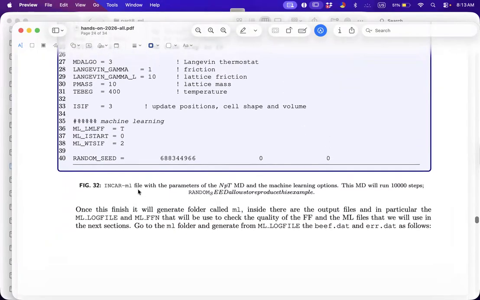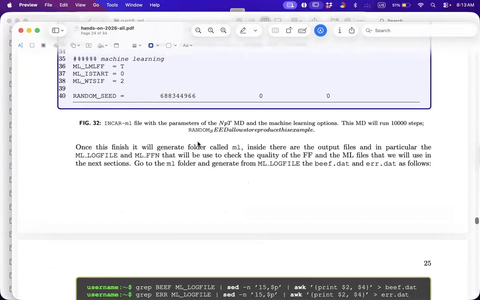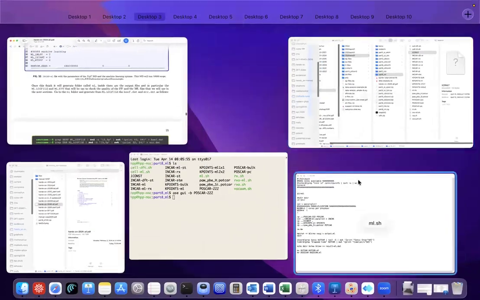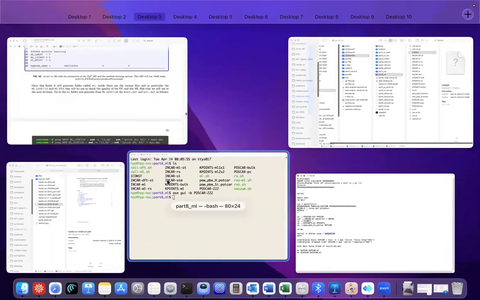As I mentioned, once it is finished, it will generate a folder called ML. As soon as it starts, it will create this ML folder, import and copy these files, and run. So the output ML will always be updated.